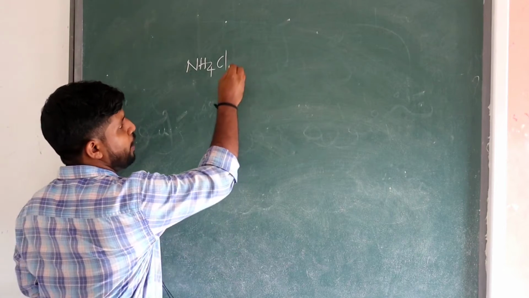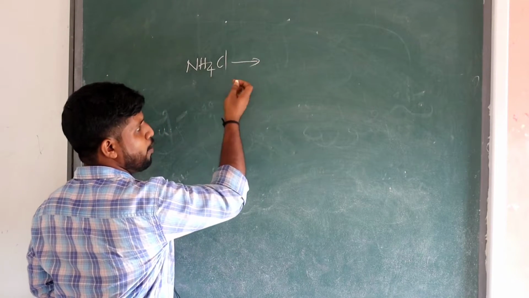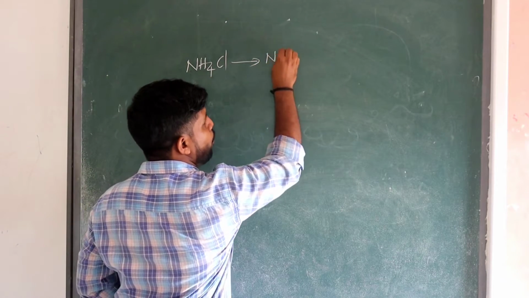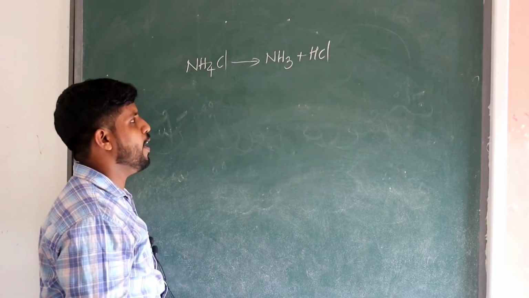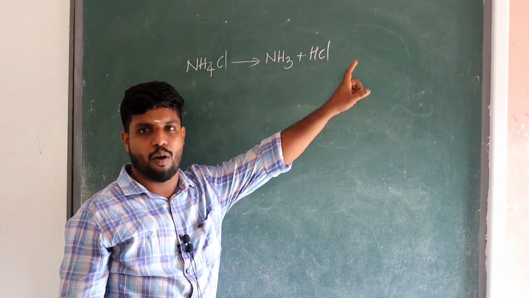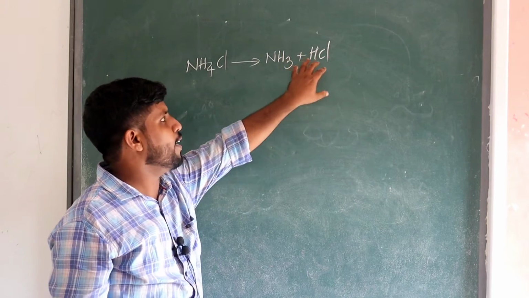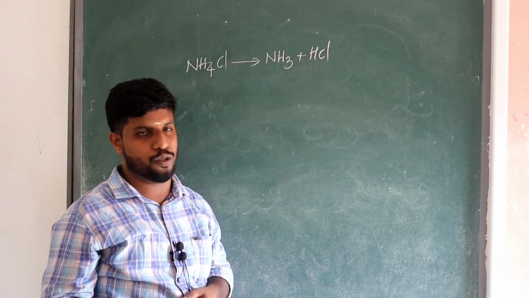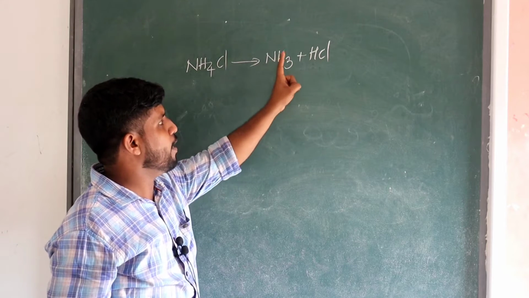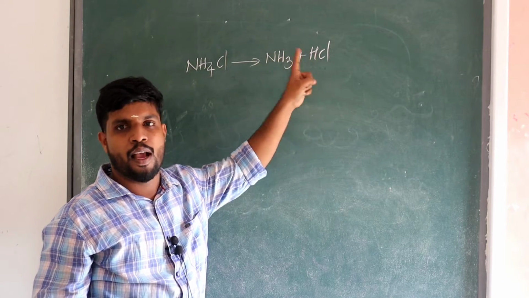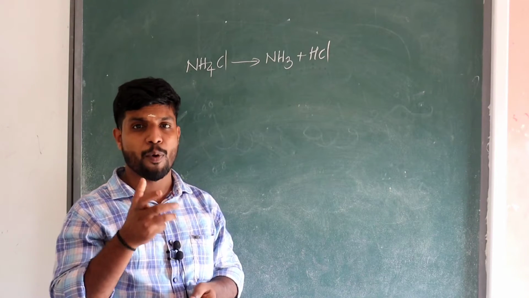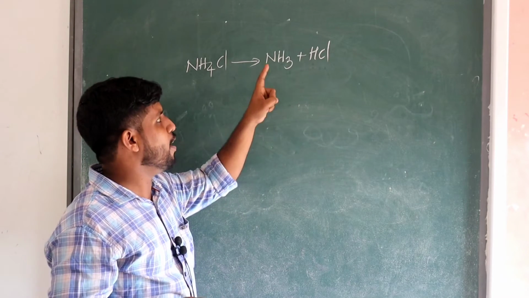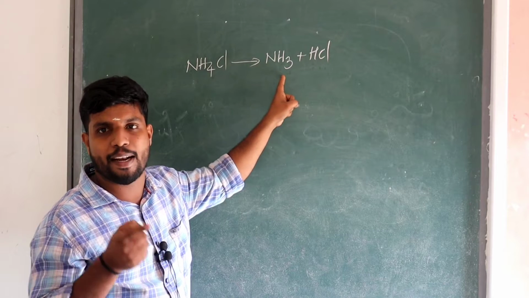When you heat ammonium chloride, it is decomposed into NH3 and HCl: NH3 ammonia and HCl hydrogen chloride. So ammonia gas and hydrogen chloride gas are produced. If you compare NH3 and HCl, ammonia has less density, so it comes out of the boiling tube first, and at that time we introduce a red litmus.